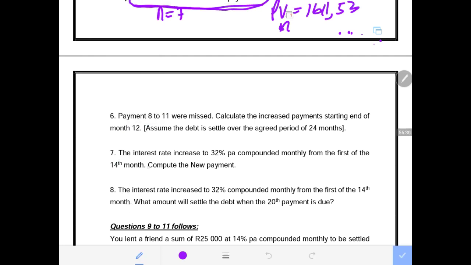Now it says in number 7, which is one before the last, the interest rate increased to 32% per annum compounded monthly from the first of the 14th month. I want to explain, from the first of the 14th month, meaning after the 13th payment was made, because that will be the beginning of the 14th month. So what do we need now?